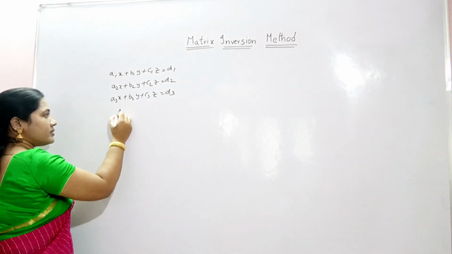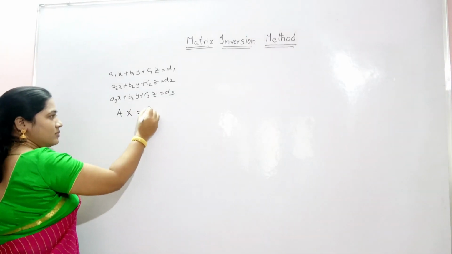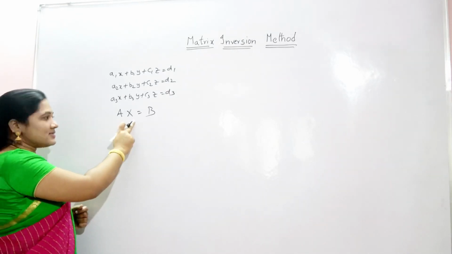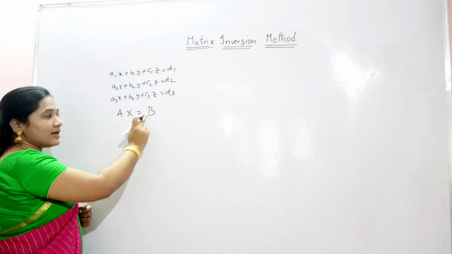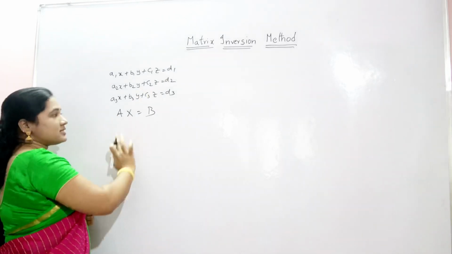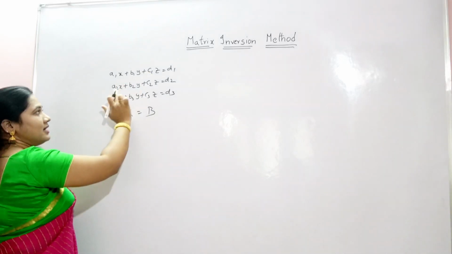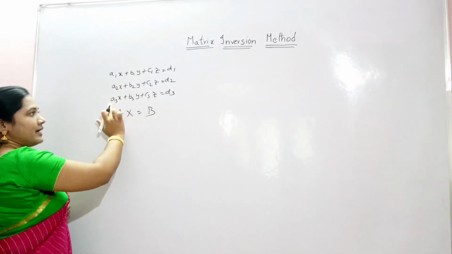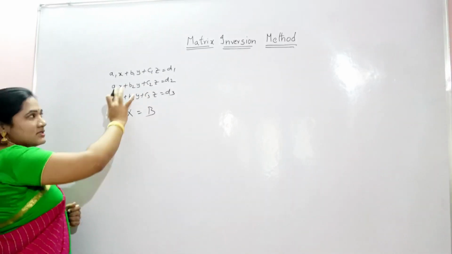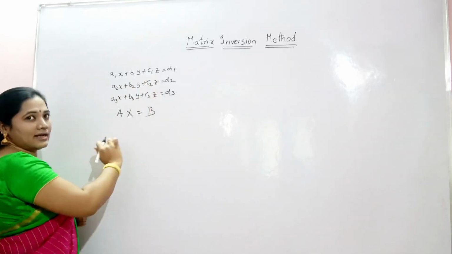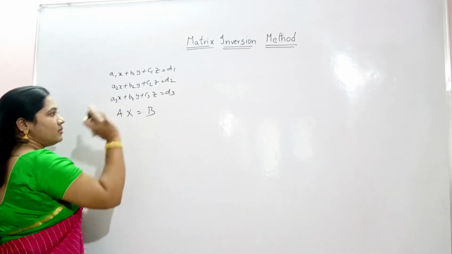The matrix form is AX equals B, where A is the coefficient matrix, X is the unknowns matrix and B is the constant matrix. The coefficients are a1, b1, c1, a2, b2, c2, a3, b3, c3, the unknowns are x, y and z, and the constants are d1, d2, d3.